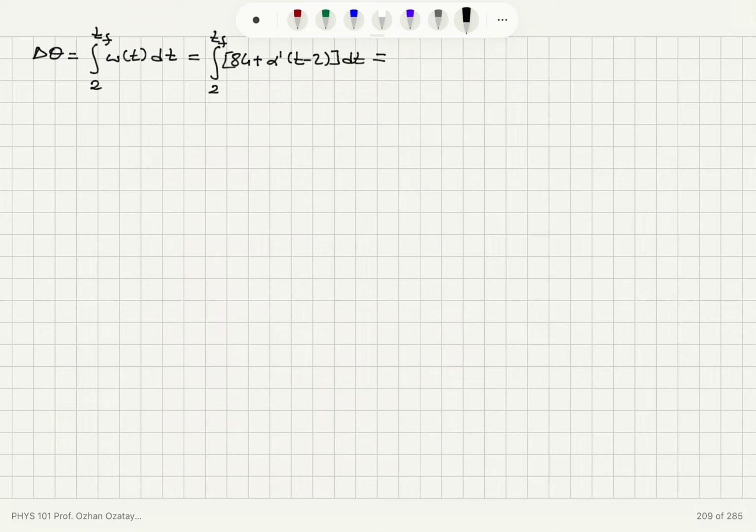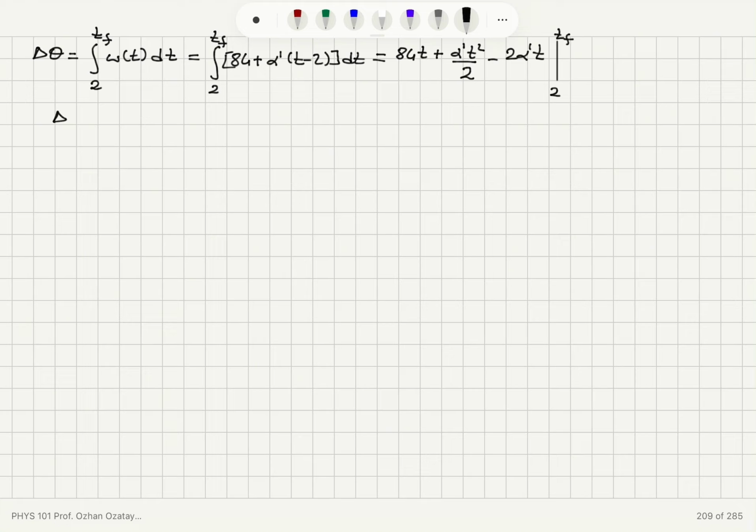So this is 84t plus alpha prime t squared over 2 minus 2 alpha prime t, which is to be evaluated between 2 and t final.